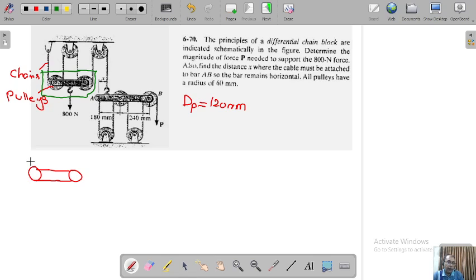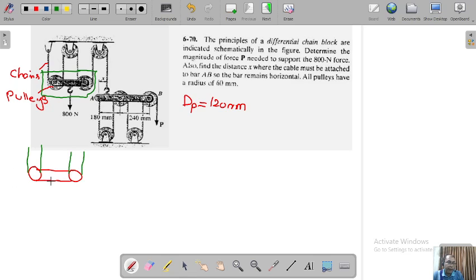If you consider it, you can see that the weight is acting downwards here, and the tension is going to be upward here, here, here, and here. So there is 1, 2, 3, and 4, okay.